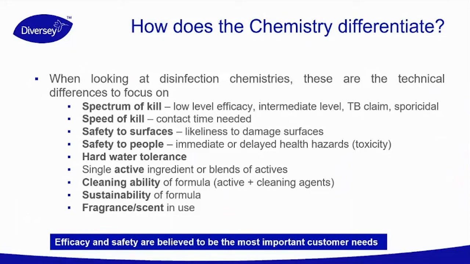Is my disinfectant also a cleaner or not? The sustainability of the formula and the fragrance in use. But the efficacy and the safety are believed to be the most important customer needs.